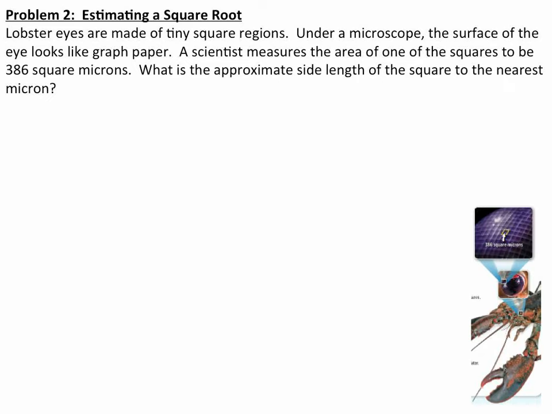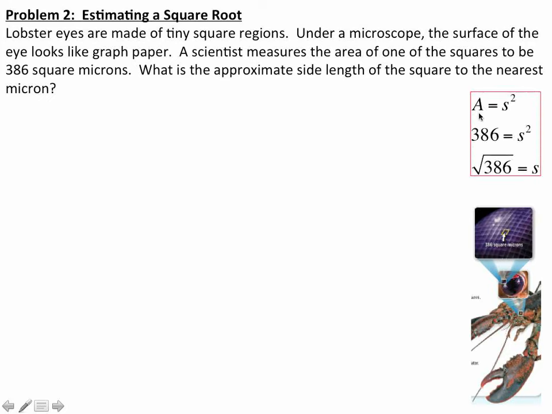So here's a cool picture included in your book. Here's the eye of the lobster, and you can see it's made up of these small, almost solar panel looking things, all these little squares. They're telling you that the area of one of those squares is 386 square microns, and my job is to figure out how long one of the sides is.